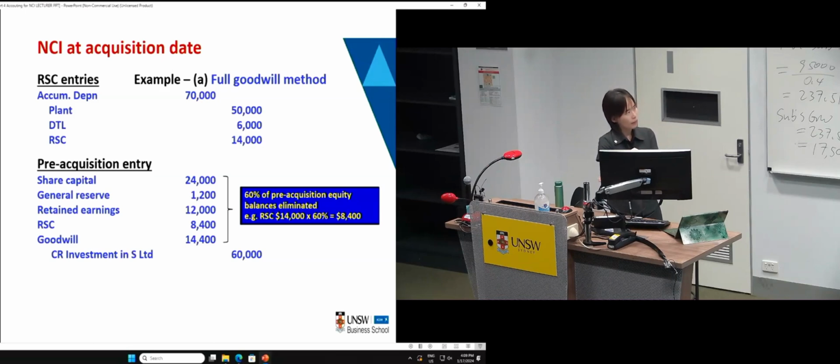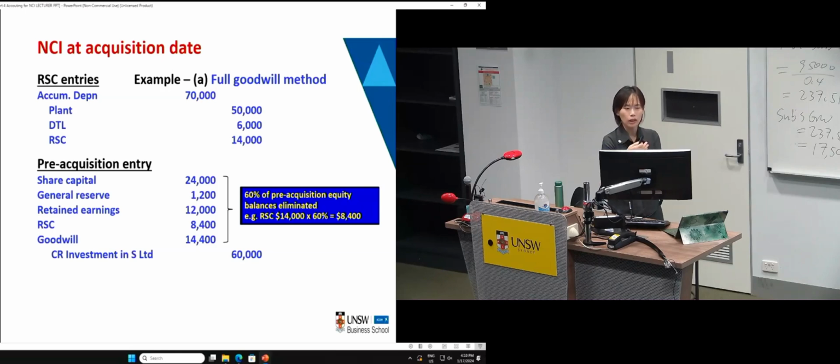Then followed by pre-acquisition entries. We prepare these entries to eliminate the parent's investment in the subsidiary against the parent's share of the subsidiary's pre-acquisition equity balance. Remember, the parent's share here is 60%, so you need to multiply by 60%. Take RSA as an example. This is the RSA balance of the subsidiary, 14,000. The parent's share is 60% of 14,000, that is 8,400.